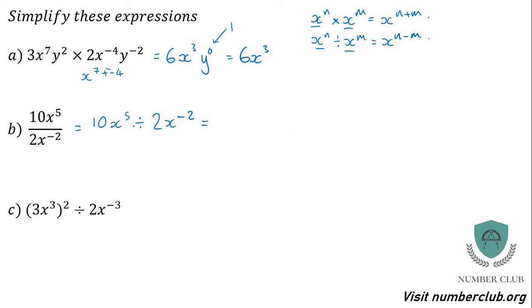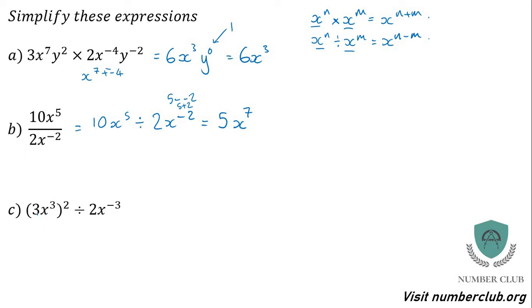Often that will make a little bit more sense if this is something that you struggle with. 10 divided by 2 is 5, x to the power of 5 take away -2. 5 take away -2 is the same as 5 plus 2. So it'll be 5x to the power of 7. If you rewrite it out flat, it's often easier to see what's going on.